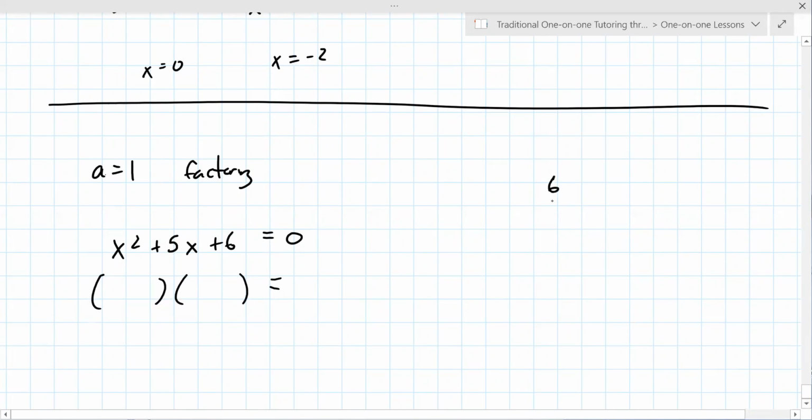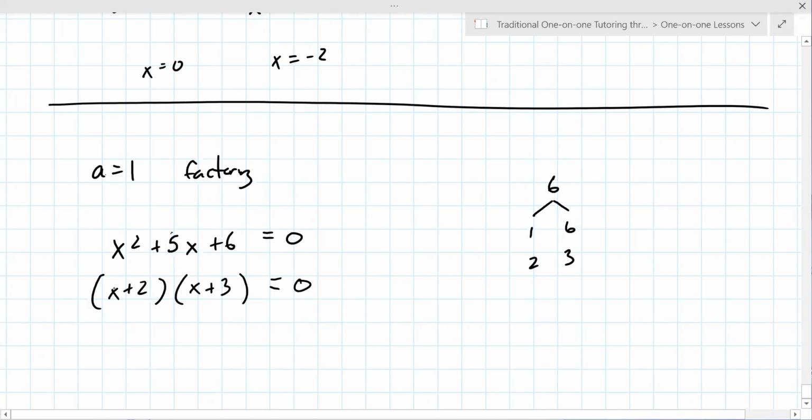So you find two numbers that multiply to 6 but add up to 5. 1 and 6, or 1 and -6. Oh, 2 and 3. They're both positive. That's why it's this way. So which of these adds up to 5? 2 and 3. So x squared becomes x plus 2, x plus 3.